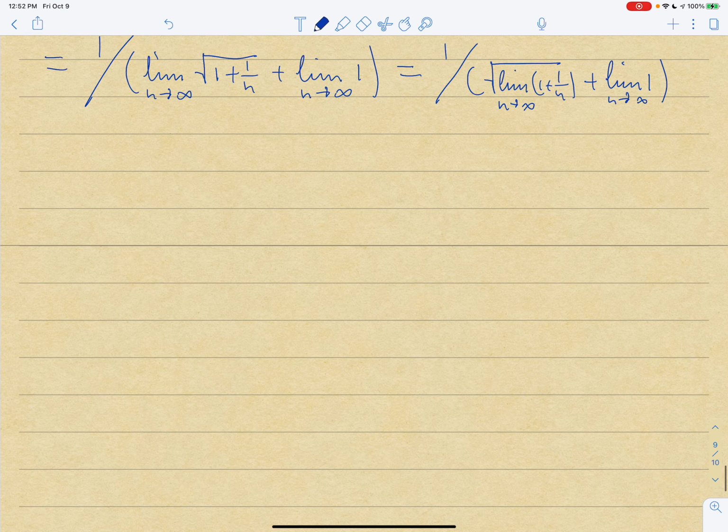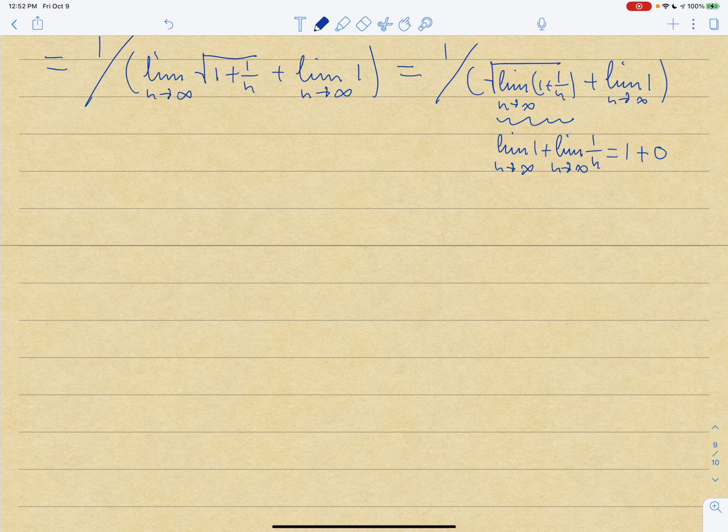And this limit down here is a limit n goes to infinity of 1 plus a limit n goes to infinity of 1 over n. The limit of 1 is 1. The limit of 1 over n is like a limit of 1 over n to the p again, with p equal to 1, and that limit is 0.